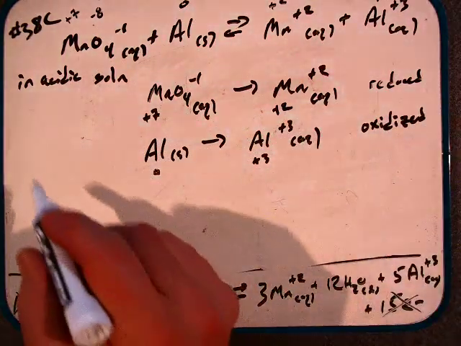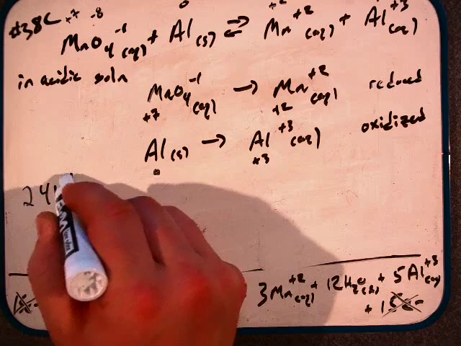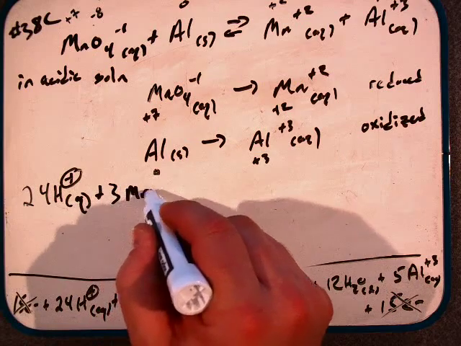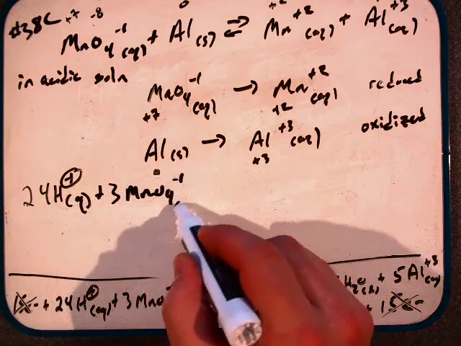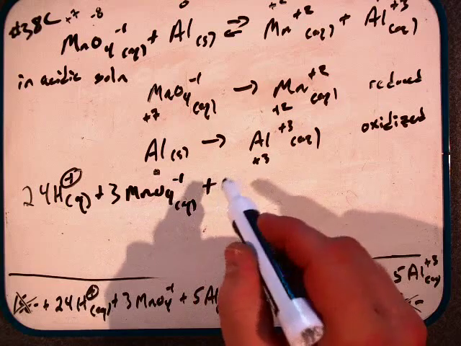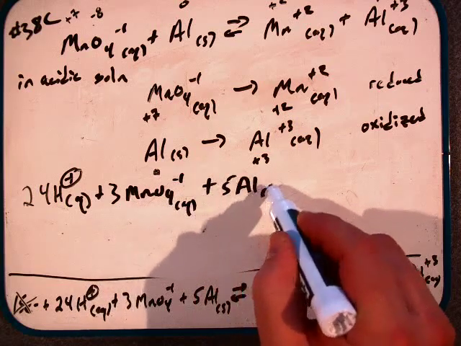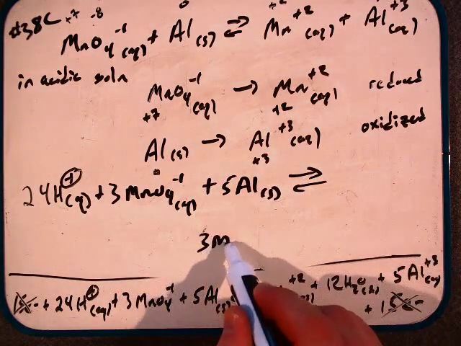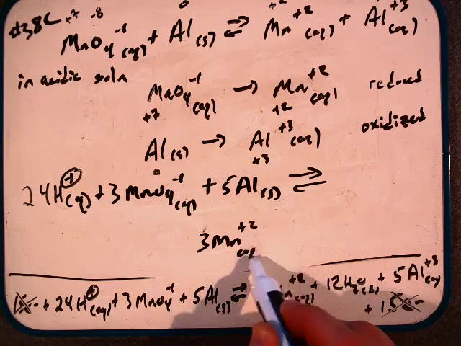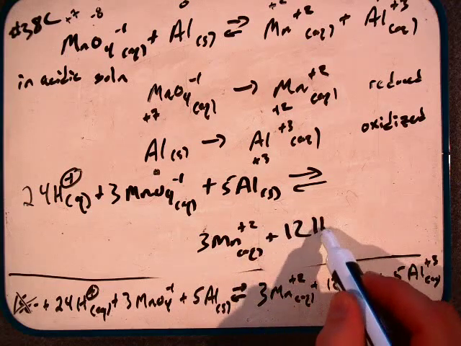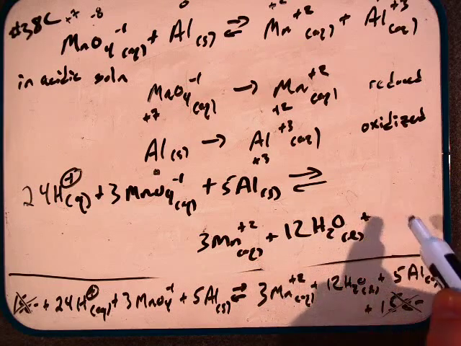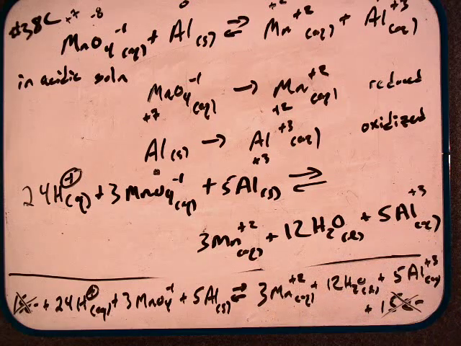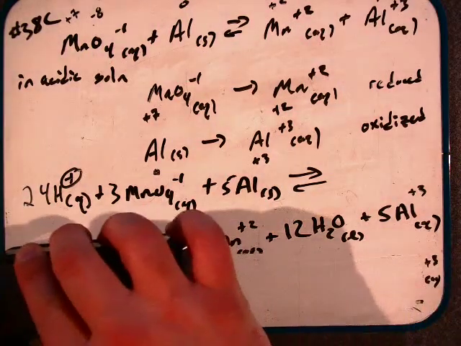And so if we then just rewrite this to represent everybody, we have 24 protons plus 3 manganates plus 5 aluminums in equilibrium with 3 manganese plus 2 plus 12 H2Os plus 5 aluminums plus 3. So I just restated the whole process.